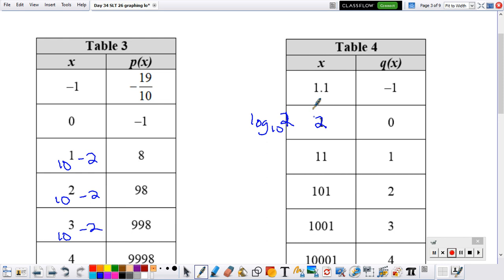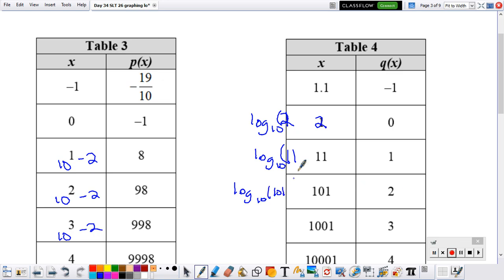So if we have log base 10, we can kind of tell they're multiplying by 10. The problem is that log base 10 of 11 is not 1. Log base 10 of 10 is 1. So think, what do we need to do to all of our arguments? So here we've got log base 10 of 101, and we want our answer to be 2.